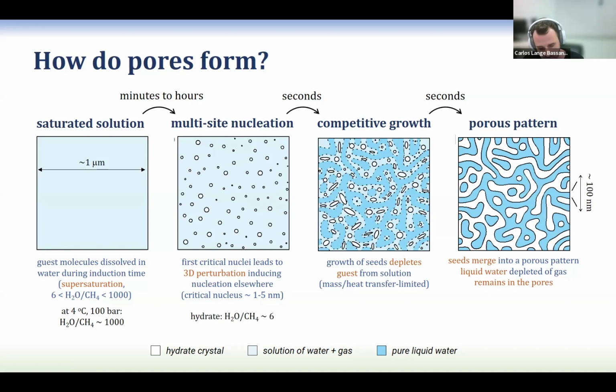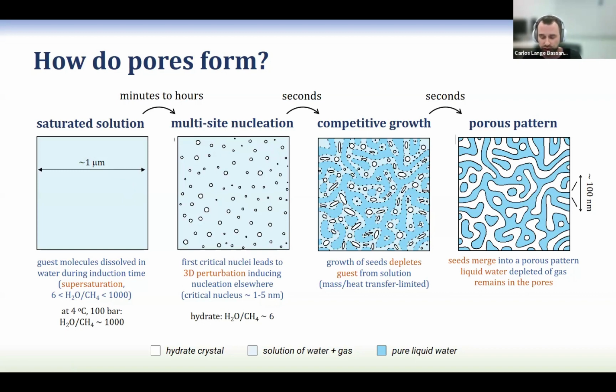So the way we understand this is multi-site nucleation. Because we are in a supersaturated solution, there is a coexistence of many nuclei that are very close to the critical size, but they never trespass the nucleation barrier. And the moment the first one trespasses, let's say this one, it propagates a perturbation, and this perturbation propagates much faster than a heat wave or a mass transfer wave.